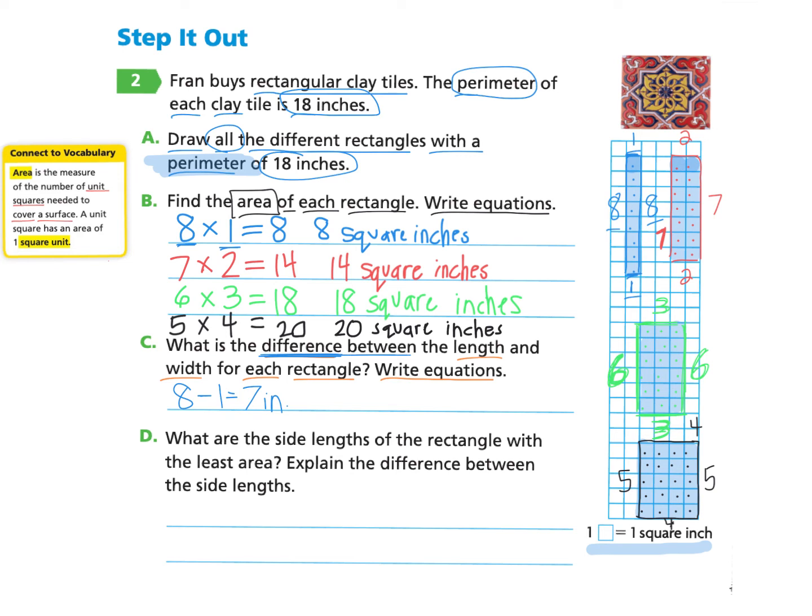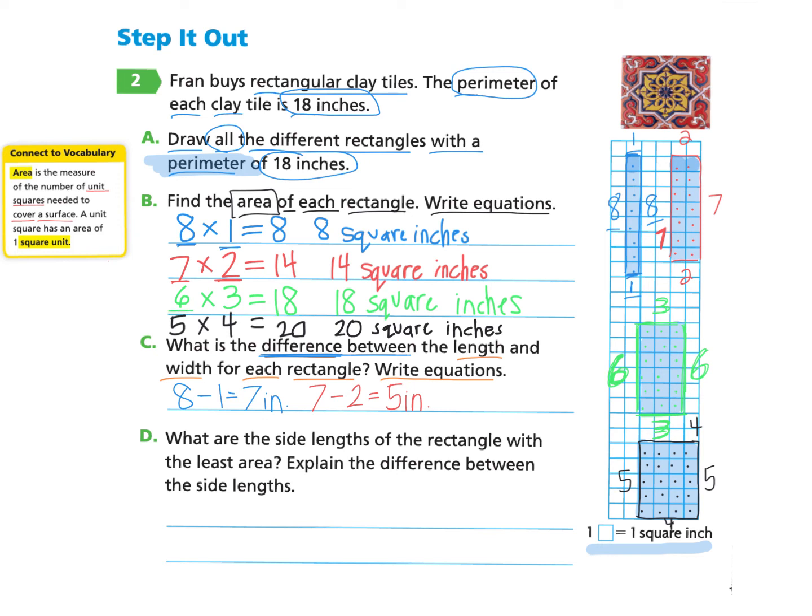Then we will take a look at our next equation. We have 7 as the length and 2 as the width. And when we subtract 2 from 7, we will get 5 inches. If you would like to pause and continue to do the last two by yourself, you can do that, or just follow along with me.